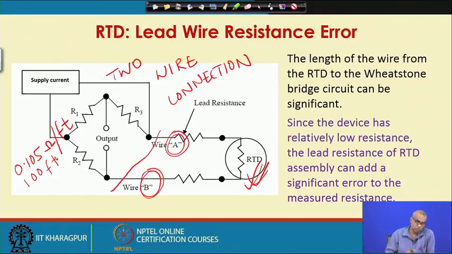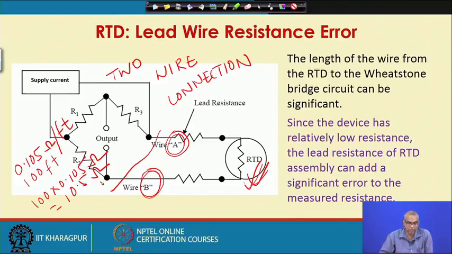So, each lead wire will add 100 into 0.105 ohm, which is 10.5 ohm per lead wire. So, two extension leads together will add 21 ohm. So, this may be substantial to increase the error to a significant extent.